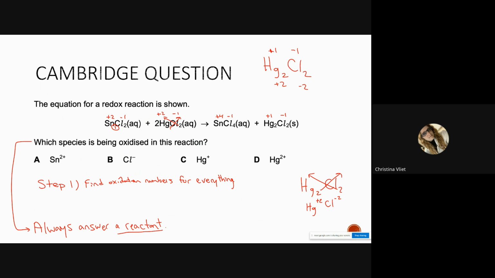You've stuck chlorine with 9 valence electrons. You know that doesn't exist, right? So, how do you fix that? Divide them by 2, right? So when chlorine is -1, then Hg must be positive 1.